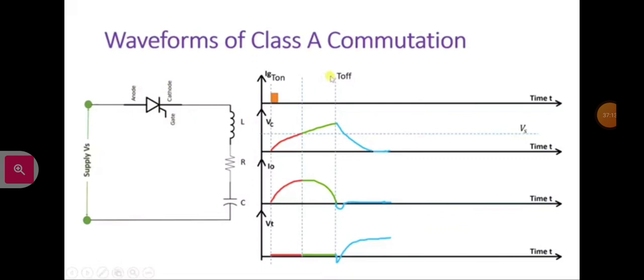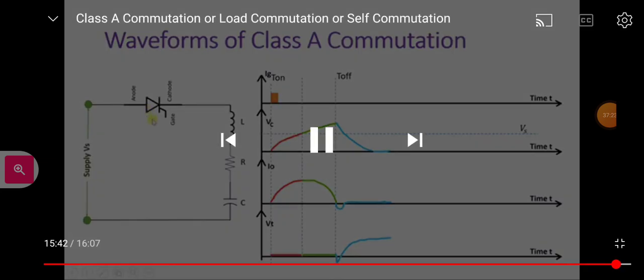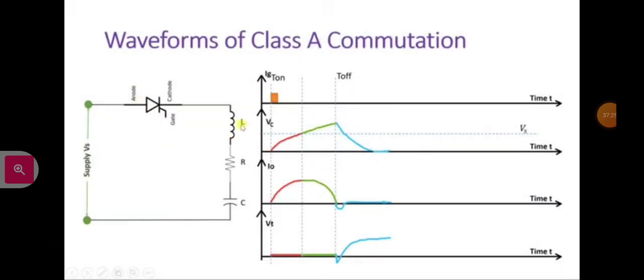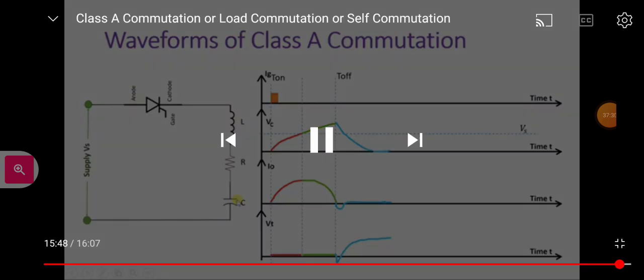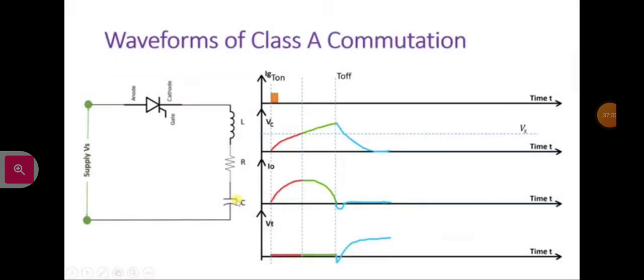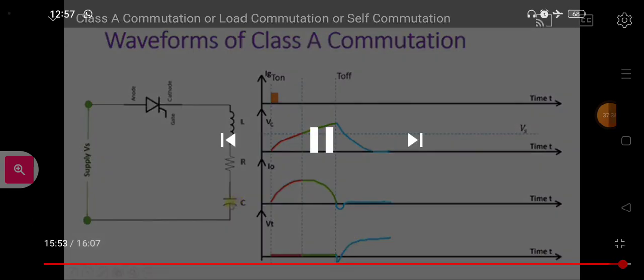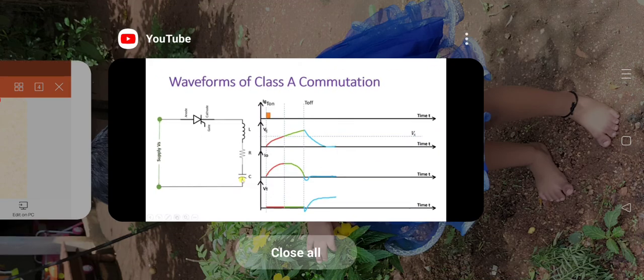So that is how we are turning off this SCR. And now again, if you give a gate pulse to this SCR, it will get turned on. So here the turning off operation of this SCR is getting done by our load elements L and C. That's why this method is even referred to as the load commutation method. I hope that you have understood this. Thank you so much.